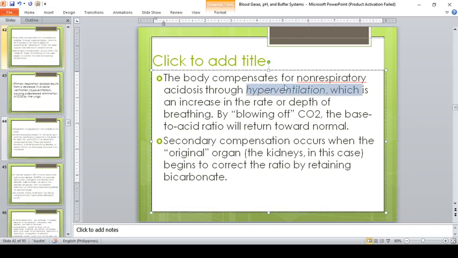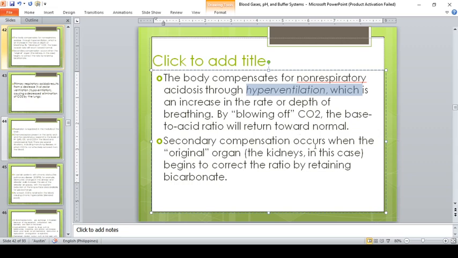The body compensates for non-respiratory acidosis through hyperventilation, which is an increase in the rate or depth of breathing by blowing off carbon dioxide. So, the base to acid ratio will return toward normal. Okay, so that is the compensatory mechanism for non-respiratory acidosis or metabolic acidosis.